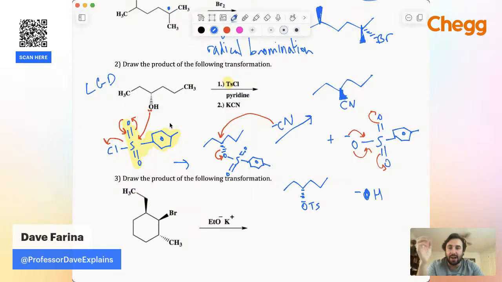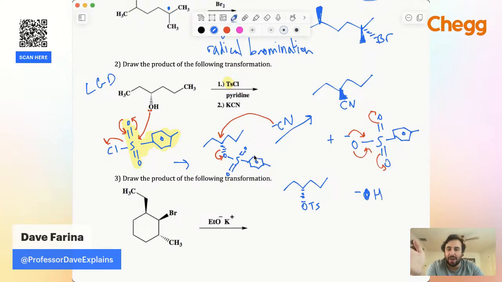But the point is that hydroxyl won't leave, but if you tosylate it, it will. So we also could have done an elimination. CN minus happens to be a classic SN2 nucleophile. So we knew we were going to do SN2. But let's say we got some tert-butoxide on there, then we'd be doing E2, elimination, right? Because a good leaving group is a good leaving group, whether it's substitution or elimination.